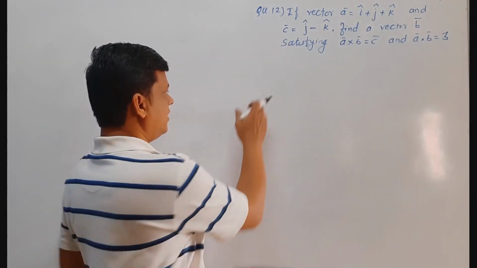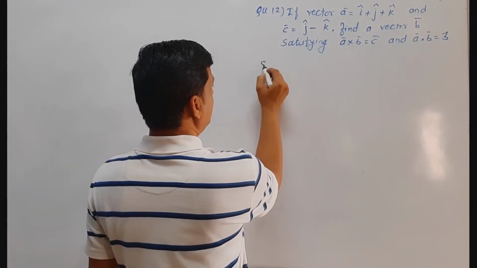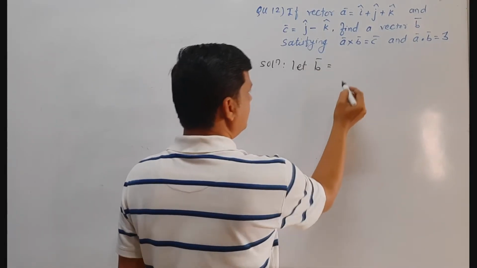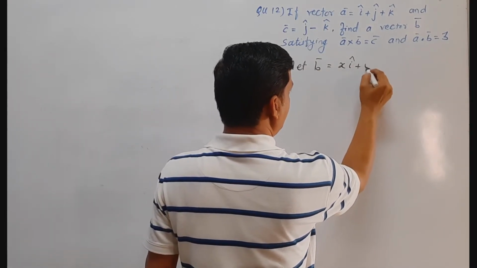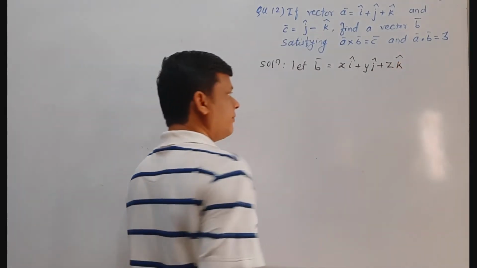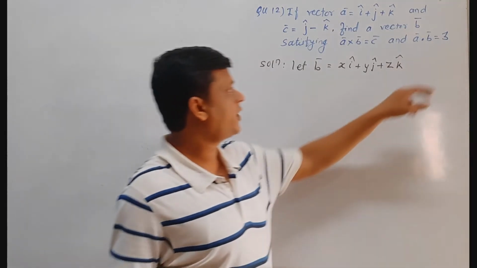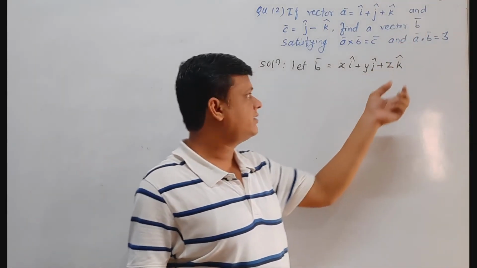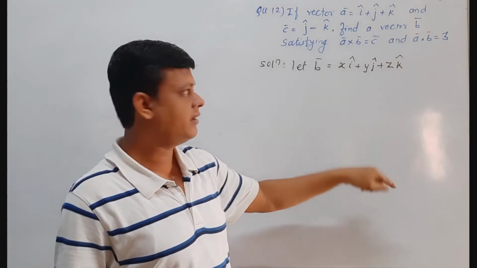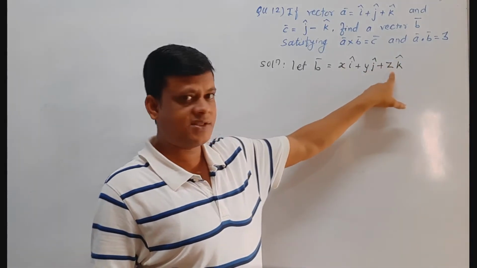So in the solution, let vector b equal xi plus yj plus zk. That means the vector which we have to find, vector b, we consider as xi plus yj plus zk, and we have to find the values of x, y, z.